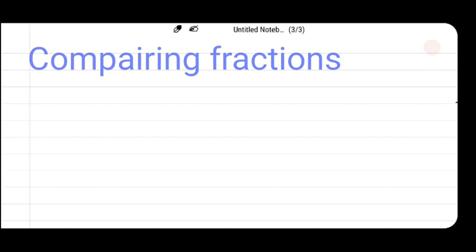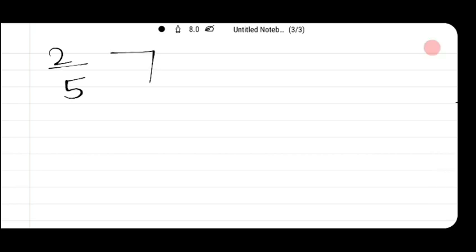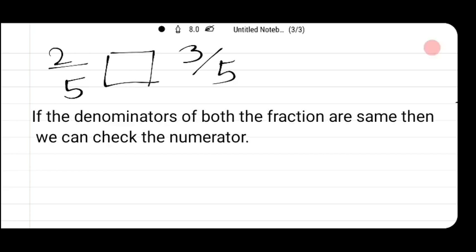Now we will learn how we can compare different fractions. Suppose I have given the question: compare 2 upon 5 and 3 upon 5. Let us write the question, 2 upon 5 and 3 upon 5. If the denominators of both fractions are the same, then simply we can check the numerators.